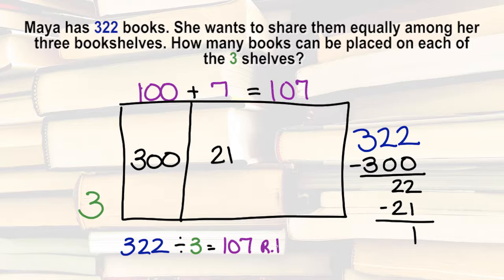Since 3 times 100 is 300, and 3 times 7 is 21, and 300 plus 21 plus 1 remaining book is 322. We have proved that 3 and 107 are the factors that give the product of 321, and as the remaining 1 book is added in, we have the correct dividend.